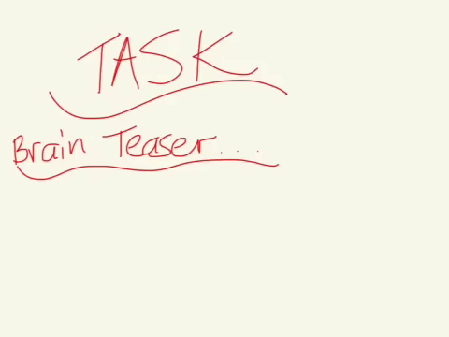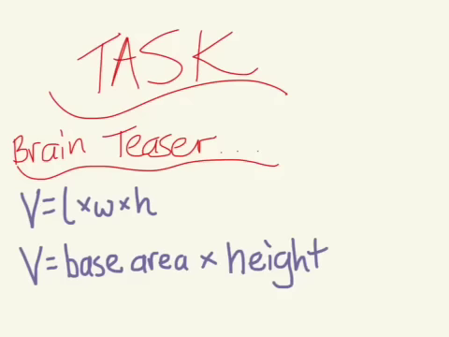Your task tonight is actually not to solve any problems, but to ponder the following. The formula we used today for volume was length times width times height. But sometimes mathematicians will use the formula the base area times the height is what gets the volume.